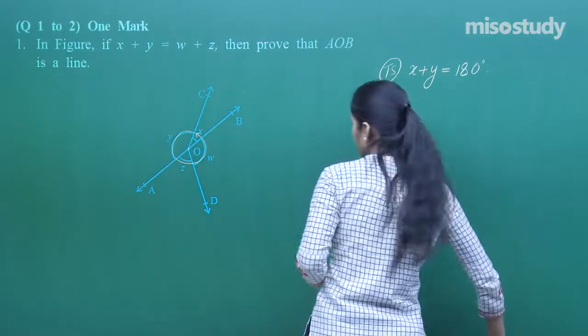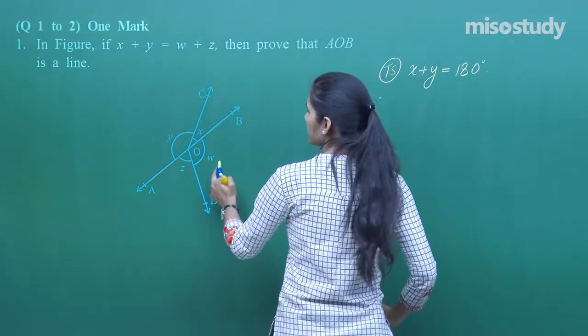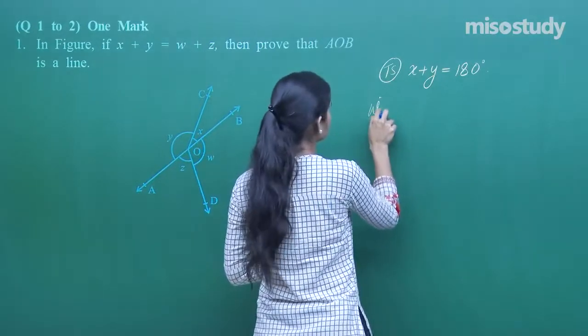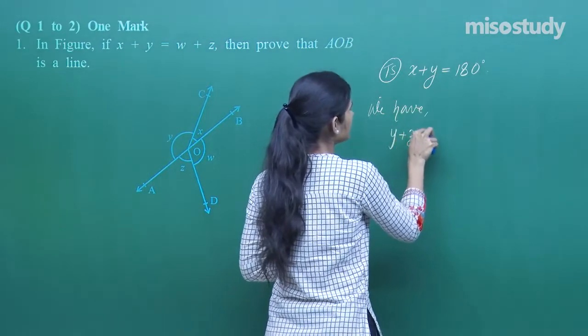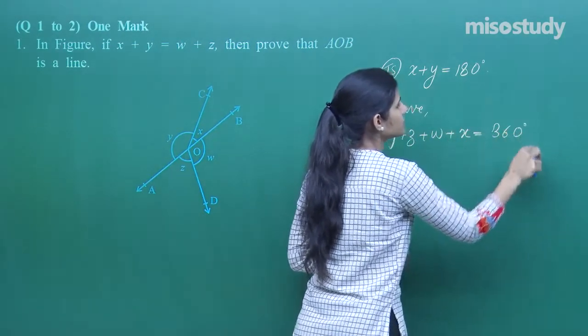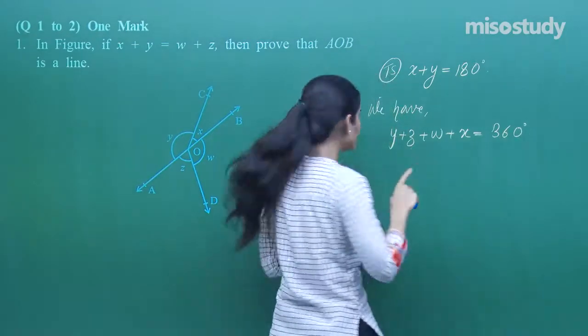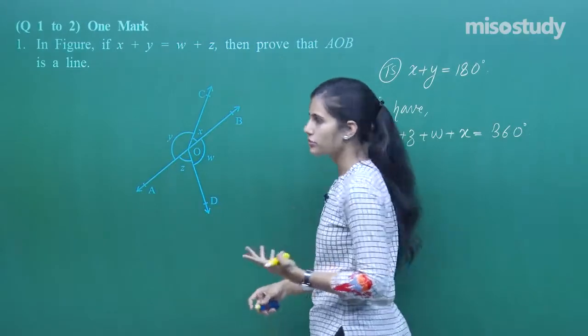So I will have y plus z plus w plus x is 360, angle at a point is 360, and that complete angle is being divided into four angles x, y, z, w. So x plus y plus z plus w is 360.